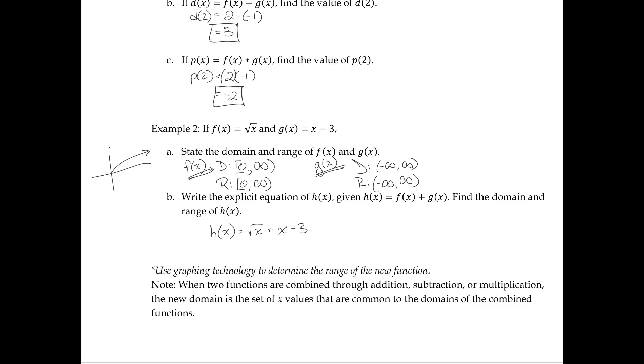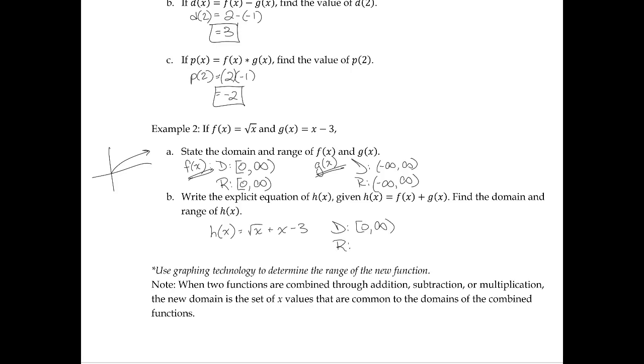Okay, and because we had that restriction with the square root, that restriction unfortunately doesn't go away. So our domain would still have to be restricted, even though for g of x it wasn't. But because for f of x it was, we still need to maintain that. So my domain would still be from 0 to infinity.